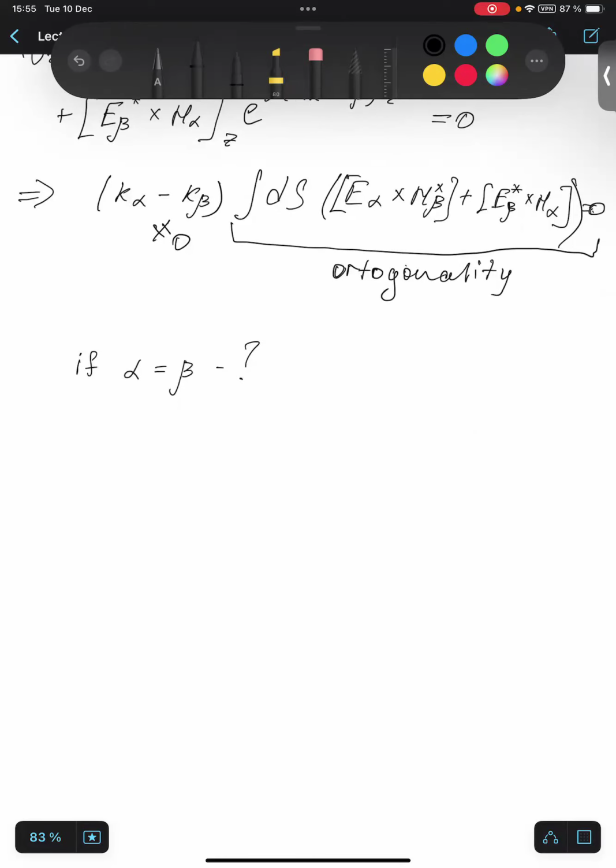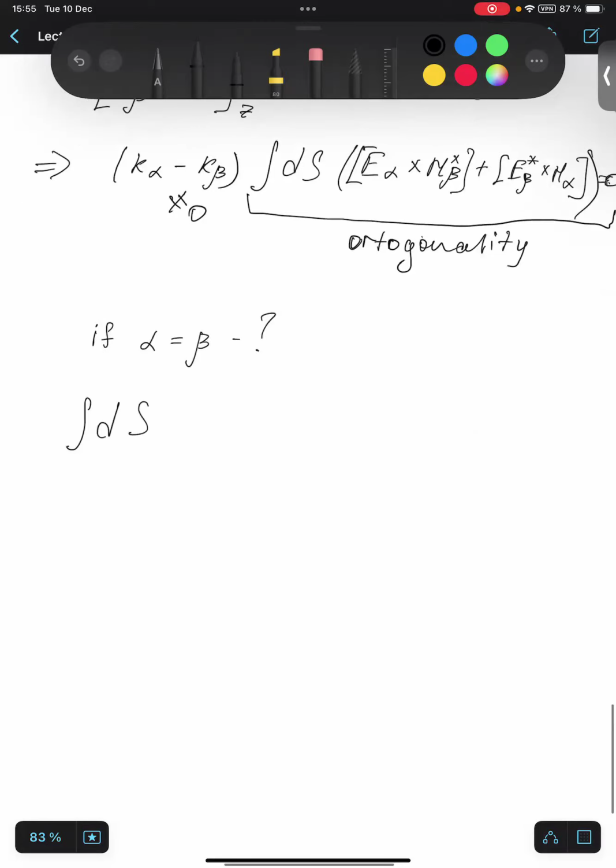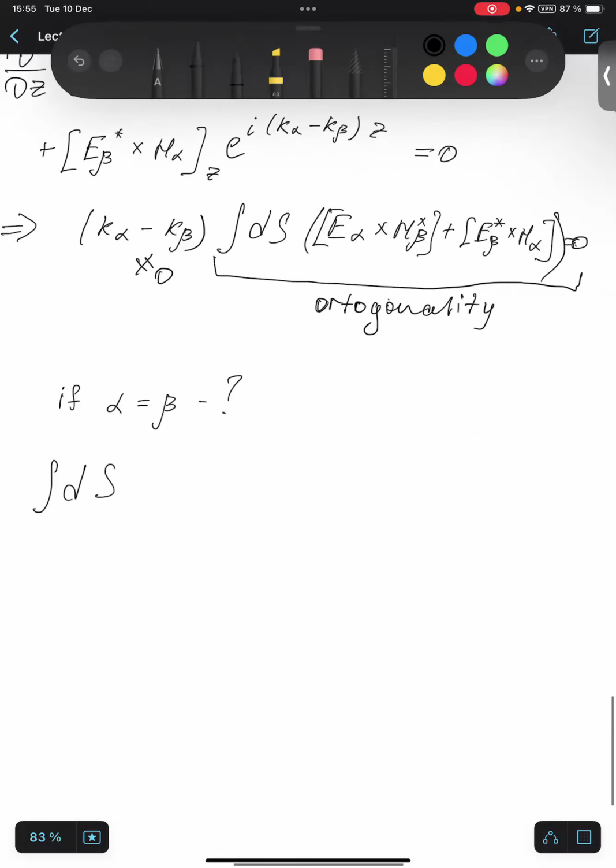Let's just substitute ds E alpha H alpha conjugated plus E alpha conjugated H alpha.